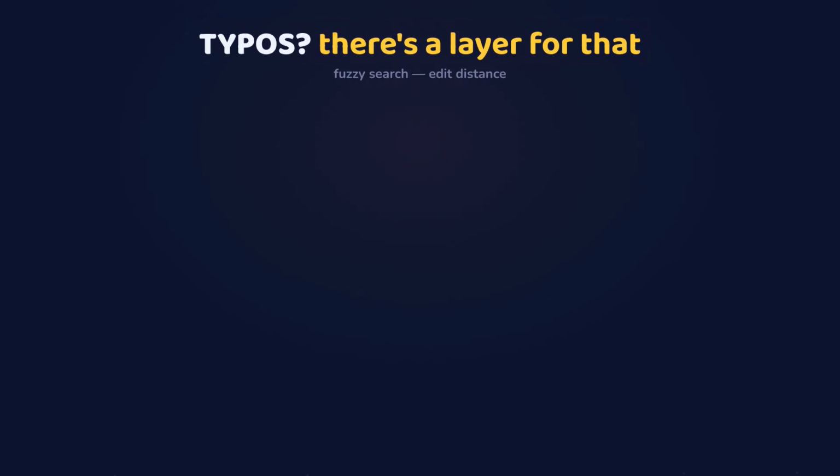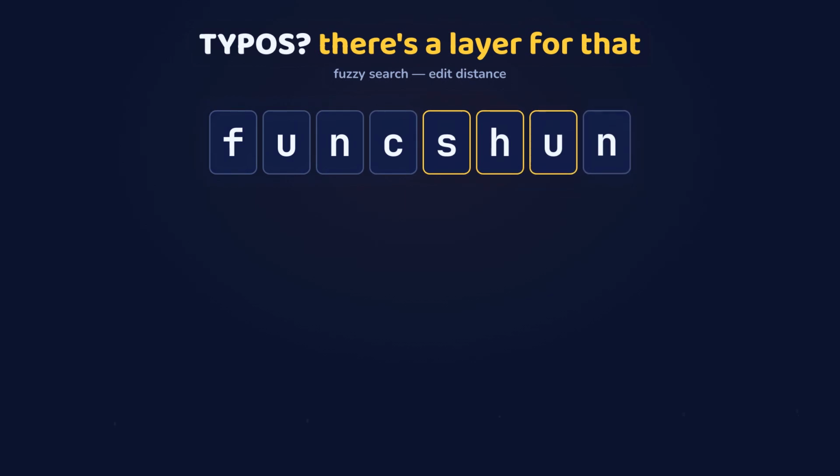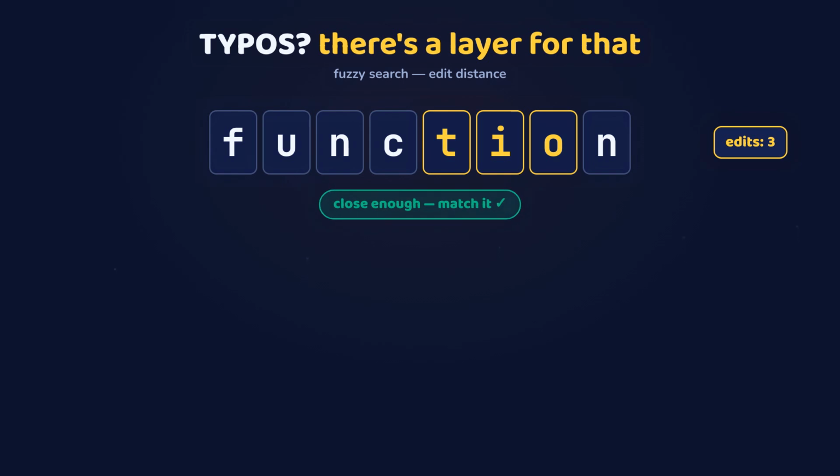And typos? There's a layer for that too. Fuzzy search measures edit distance. How many single character changes turn what you typed into something that exists? Function to function. A few small edits. Close enough, match it. But fuzziness is a loaded weapon on short strings.